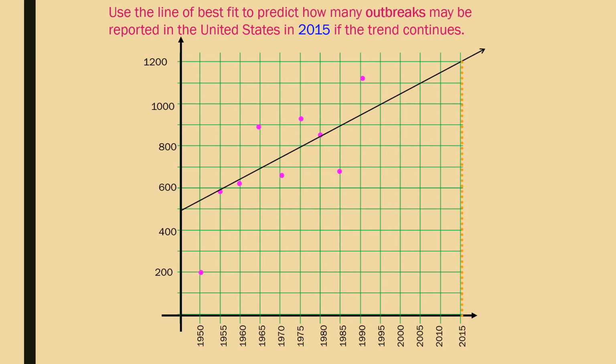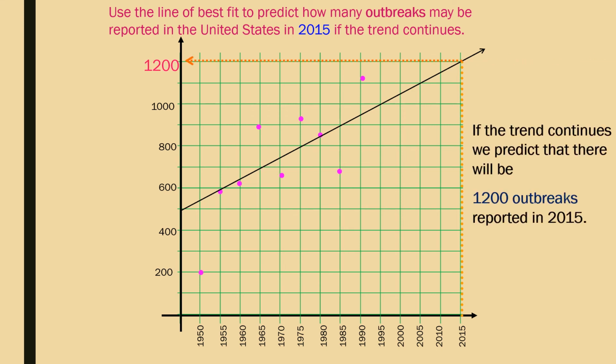So you trace the point from 2015 and you trace it over to the outbreaks. So approximately we should have 1,200 outbreaks reported in 2015. So this is how to use your line of best fit to make predictions.